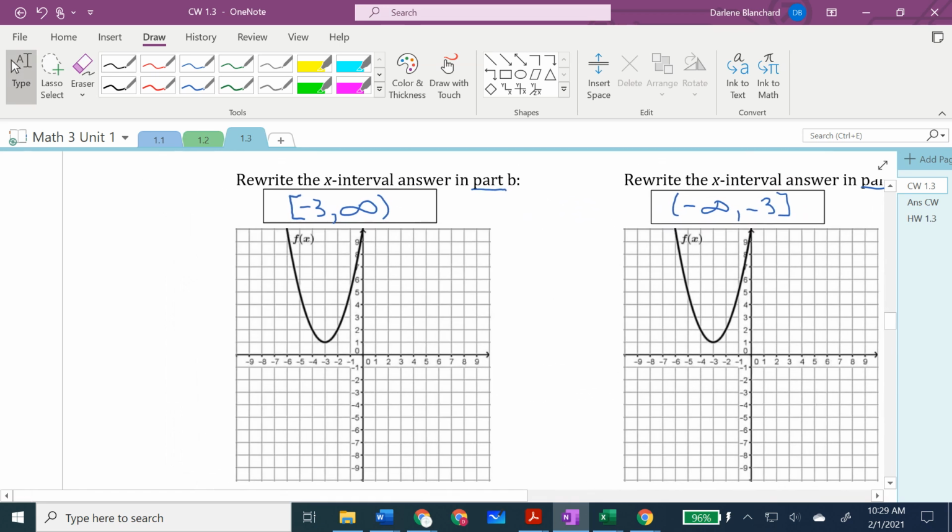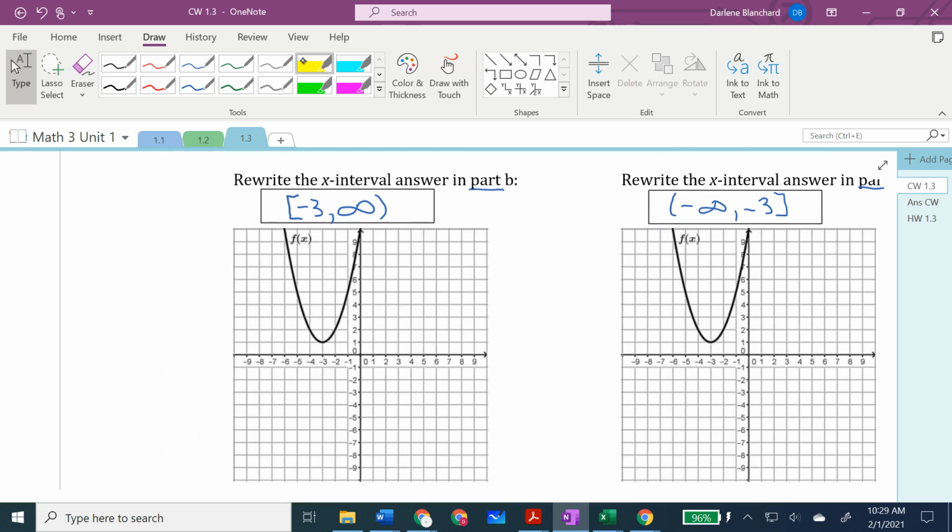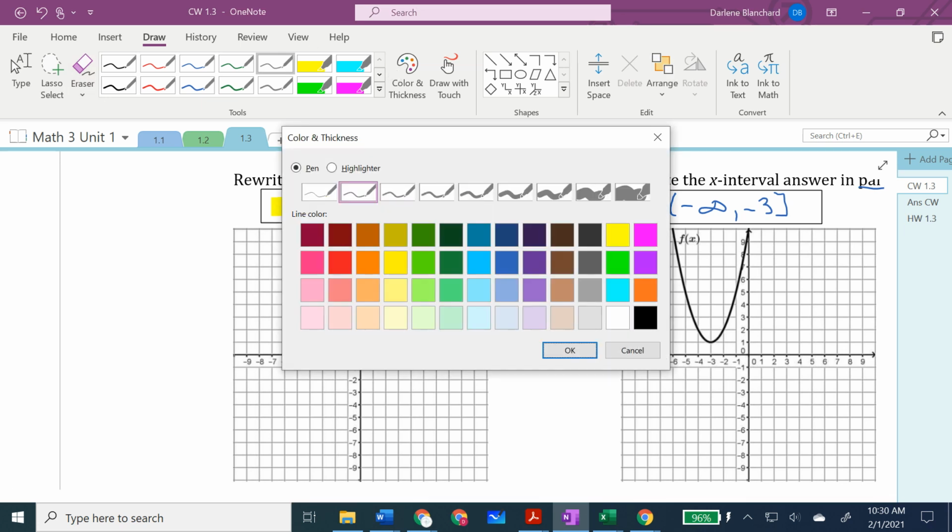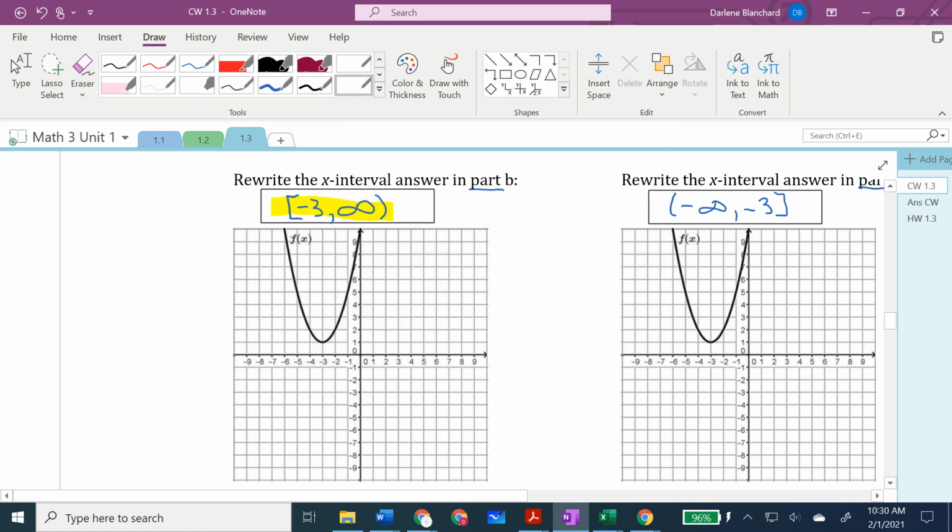And I'm going to start with looking at the one I'm highlighting. If I restrict this domain to be just from -3 to infinity, then I'm pretending that all of this doesn't even exist. In fact, what might be easiest is if I actually use a white color and just kind of go, hey, it's not there.